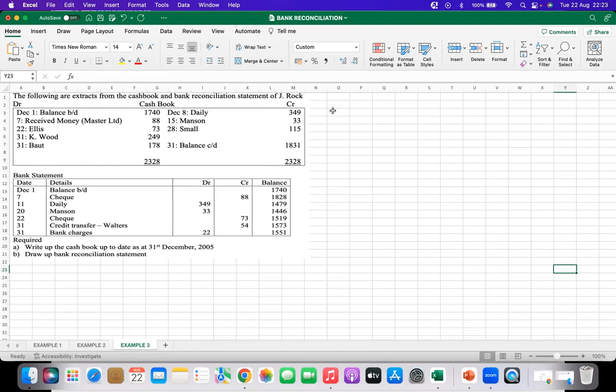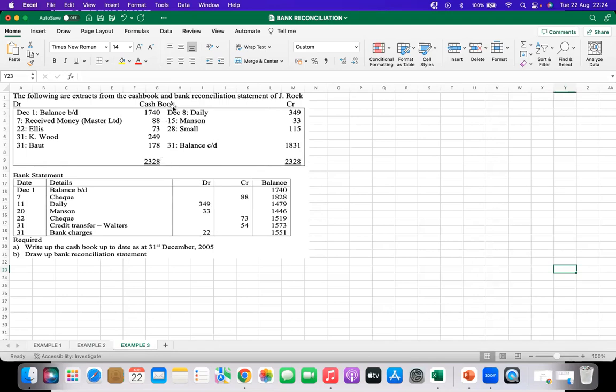You have been given the cash book debit amounts, and the credit balances, and the bank statement debit and credit entries. Required is to write up the cash book up to date as at 31st December 2005 and also draw up a bank reconciliation statement.